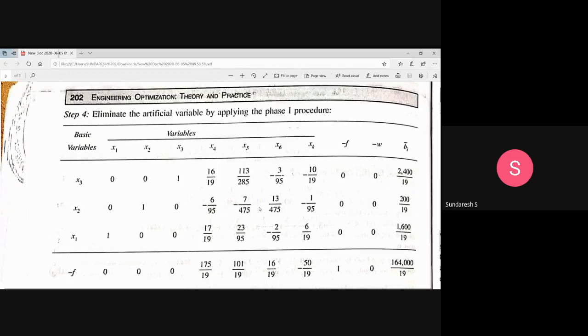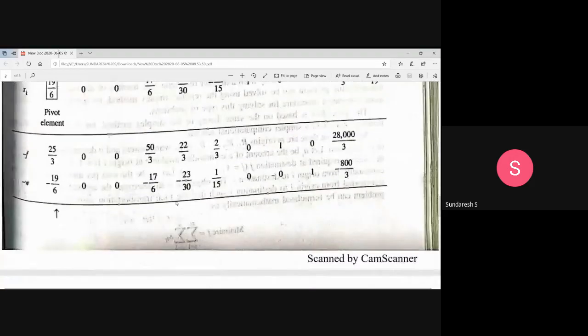Please do this. I want everybody to solve this. In the same way that we have done the pivot operation, you have to do the pivot operation here. Same procedure as we discussed. x1 enters, xk leaves the basis.